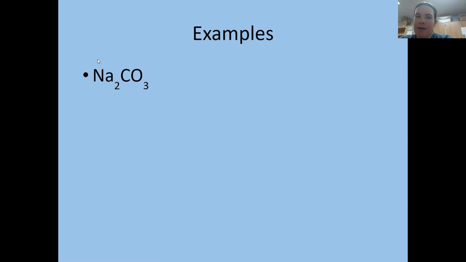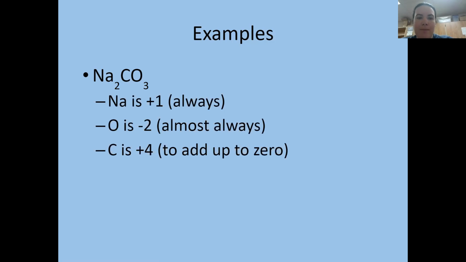When you write the number, the oxidation number of Na is +1, but that's +2 overall. Oxygen is -2, but we have 3 of them, that's -6 overall. So right now, that +2, -6 adds up to -4. In order to equal this out to 0, carbon has to be +4. Okay, that was our last example.